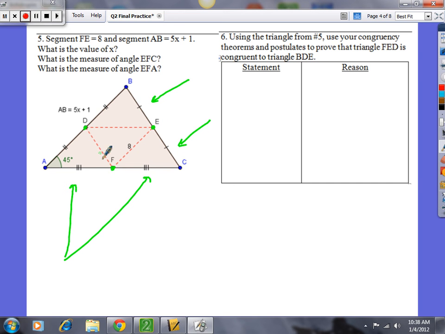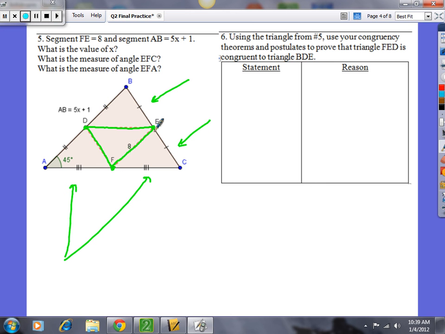Now if you connect your midpoints, you get a mid-segment, and there's something pretty sweet about a mid-segment. Okay, this mid-segment right here, from F to E is 8, and I know there's a mid-segment theorem that says this segment FE is exactly half of the opposite side.